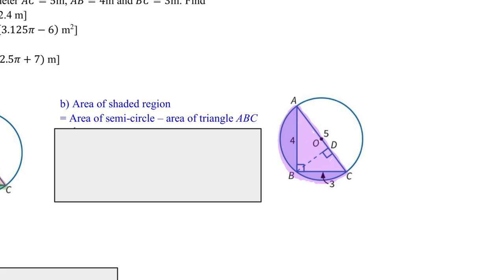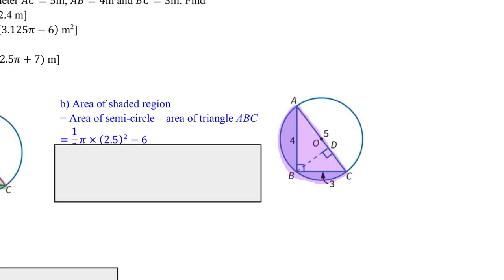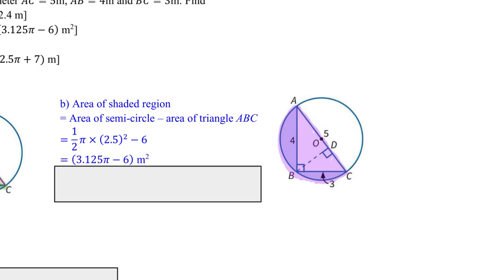Area of a semicircle is pi r square times half. And this question requires us to leave in terms of pi. That means when I calculate, I do not include the pi in my calculation. This is how you do it.